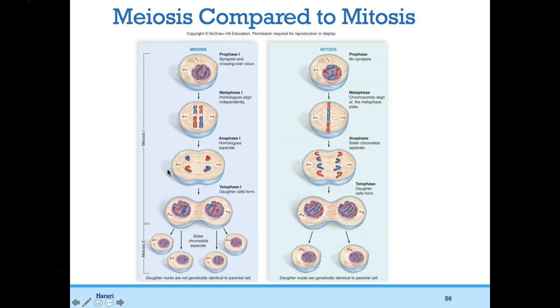In anaphase, the homologs separate because it's meiosis. We have homologous chromosomes pair up, so they separate in anaphase I, but in anaphase of mitosis, sister chromatids separate. And then pretty much, telophase is the same idea. But of course, you would see 2 sister chromatids still attached at the end of meiosis 1.